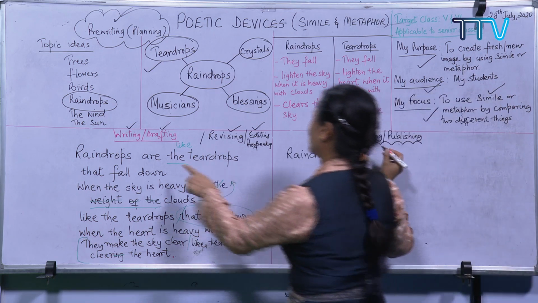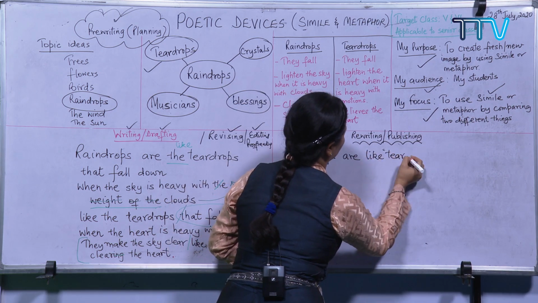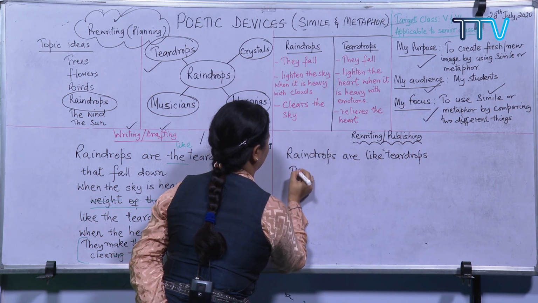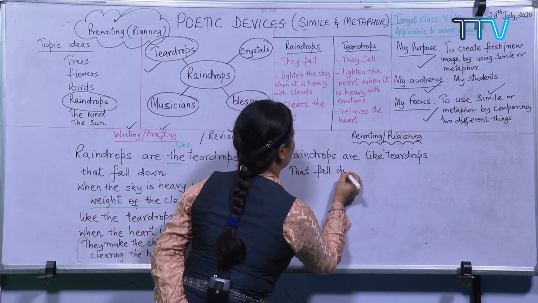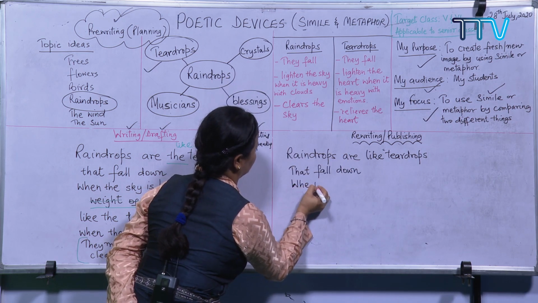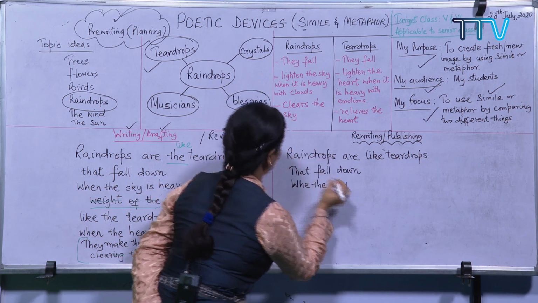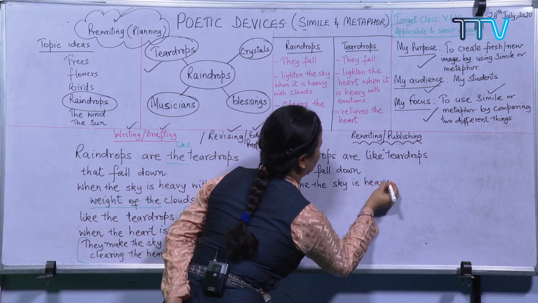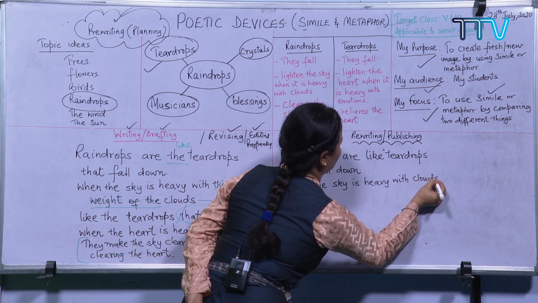Okay, so raindrops are like teardrops that fall down when the sky is heavy with clouds.